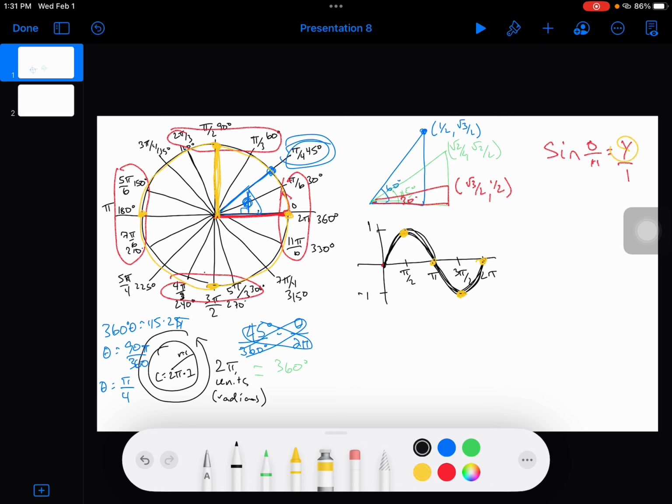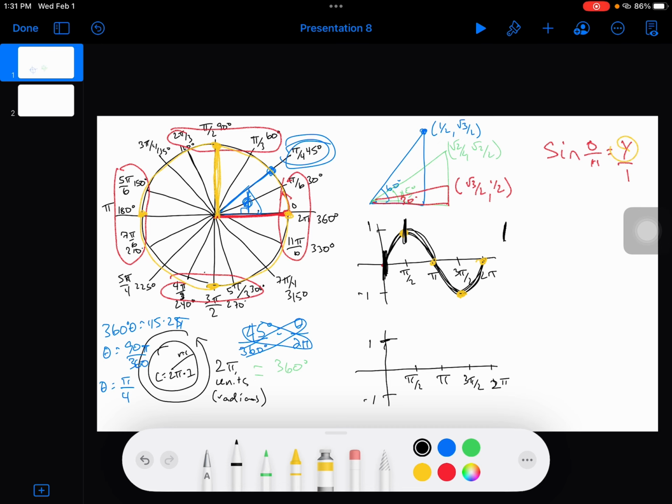Now if we have a look at the cosine function, they're basically the same thing. It's just that instead of starting at 0, the cosine function starts up here at 1, and then it's going to end a little bit further. I'll show you what I'm talking about. Going from -1 to 1, same period, 2 pi, and we're going to split it up the same, pi over 2, 3 pi over 2.